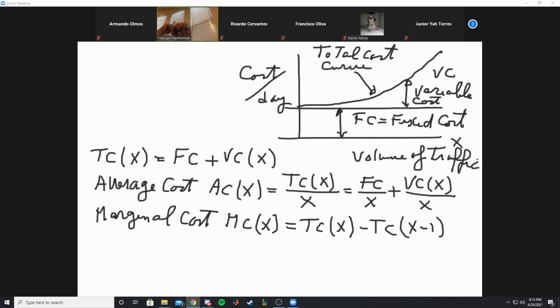Now, in the case of the pencils that I just gave you as an example, if you tell the guy that I need 13 pencils instead of 12, well, there are two cases. One, the guy says, well, I don't sell single pencils, I just sell them by the dozen. If that is the case, what would be your marginal cost?